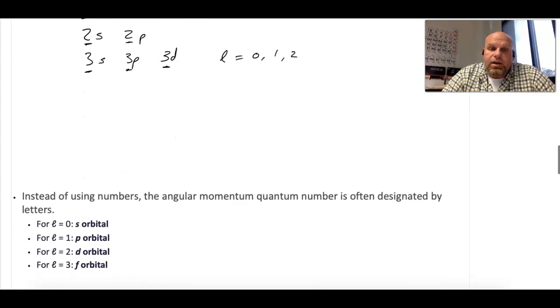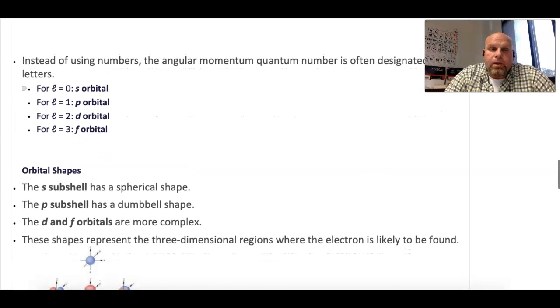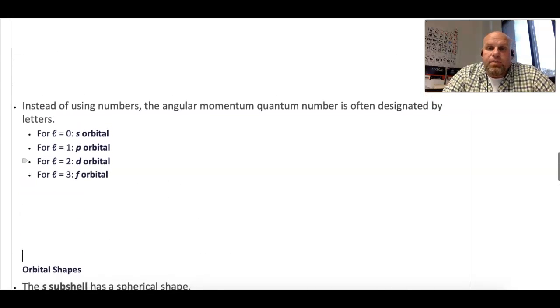So as I take a look here at this information, you can see what I'm talking about. If my L value is 0, that's the S orbital. 1 is the P orbital, 2 is the D orbital, and 3 is the F orbital.